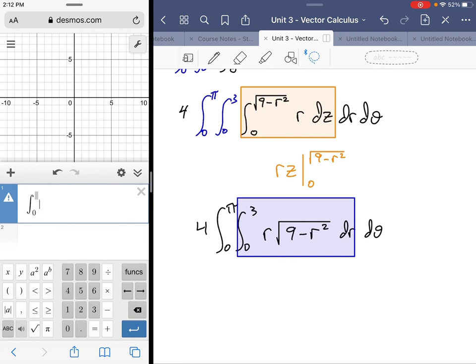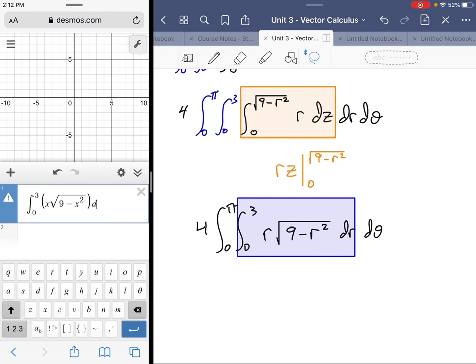So 0 to 3, x root 9 minus x squared, I'm using x, dx. All right, so it's clean 9.